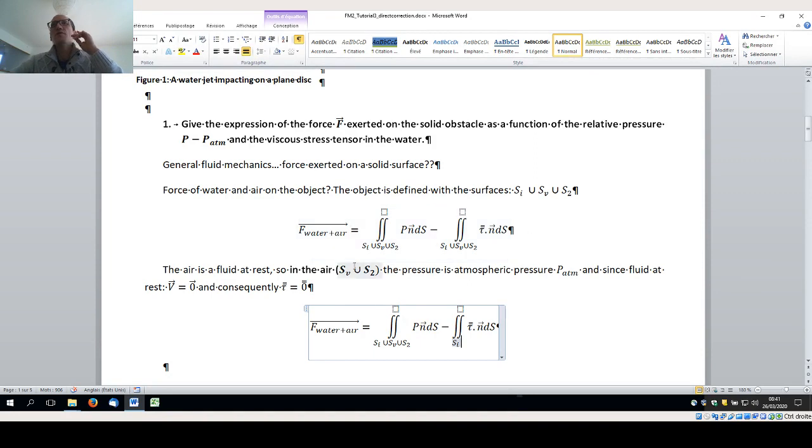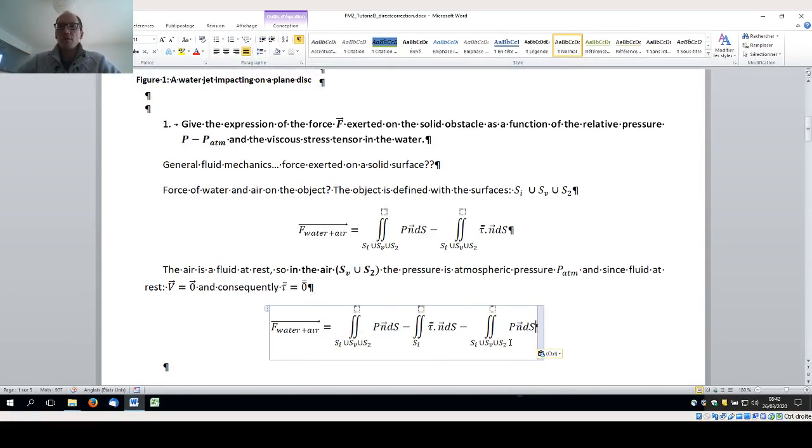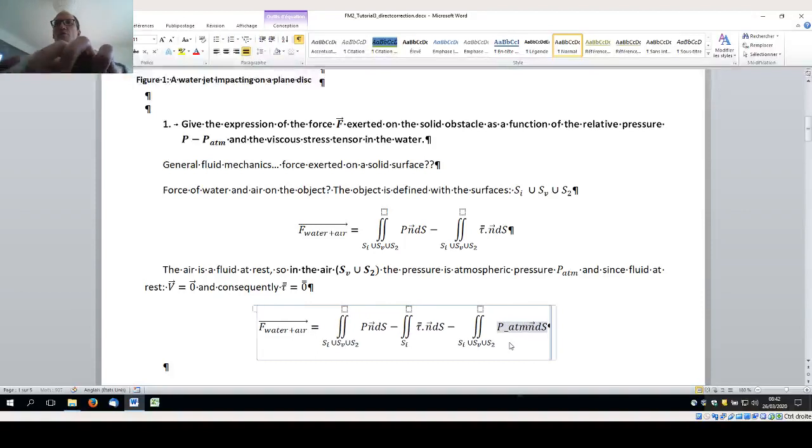And since we know that on surfaces SV and S2 the pressure is atmospheric pressure, and SI, SV, S2 is a closed surface, we can, if we want, remove the contribution of atmospheric pressure over all surfaces here.